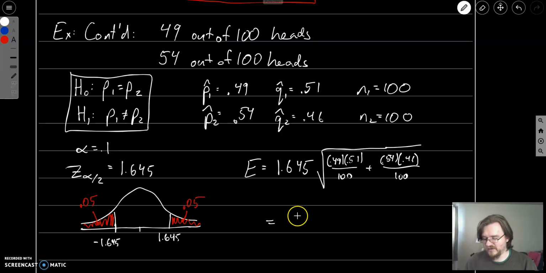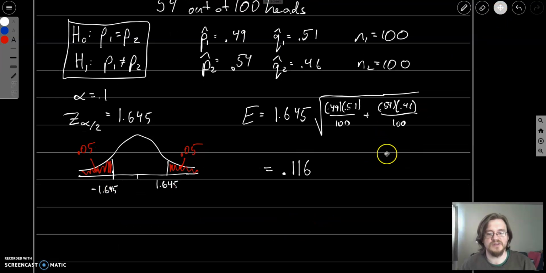And our error, after we go through all of this, is going to be 0.116 after we've rounded to 3 decimal places.